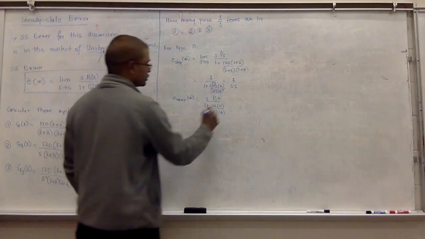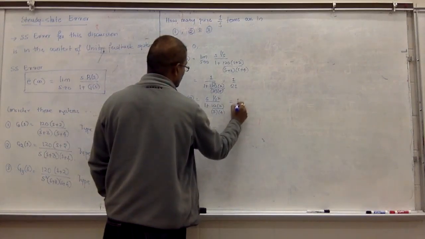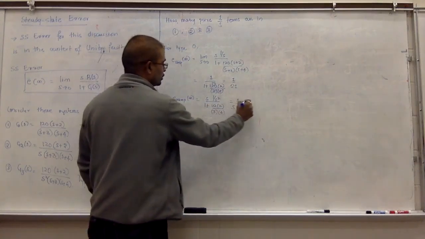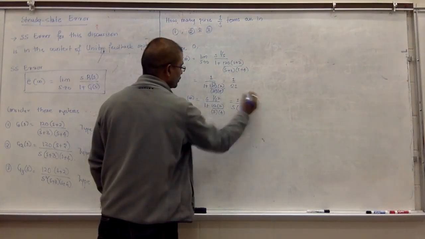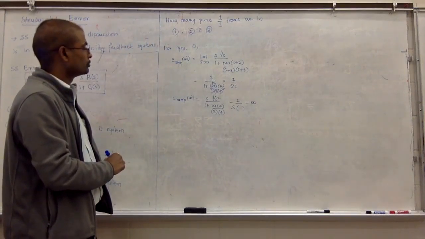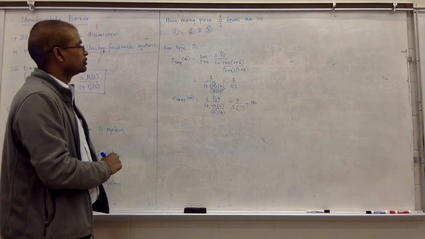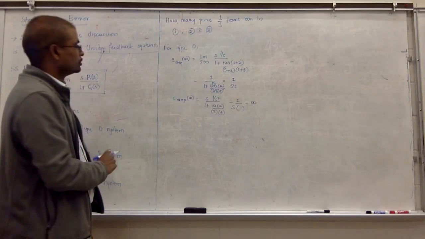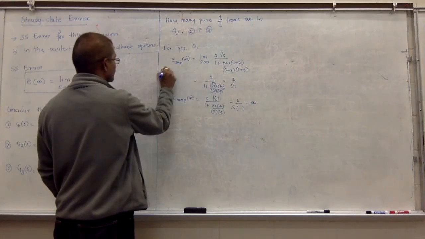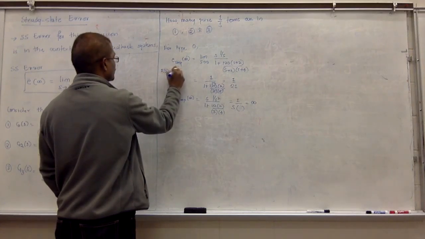So this will be 1 over S into all of this. When S goes to 0, this will be infinite. For a step input, R of S is 1 over S.